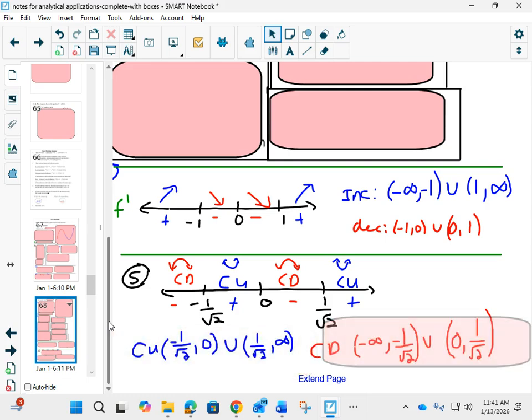And of course, you could write the intervals if you wanted. In this situation, I don't think it's necessary to write the intervals.